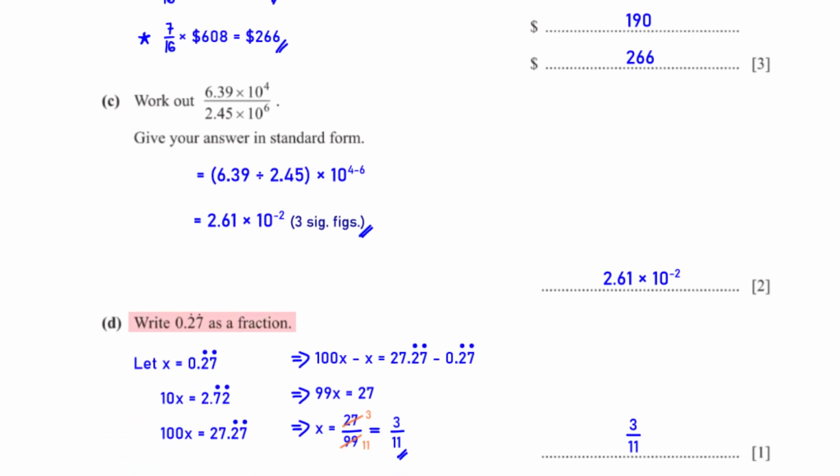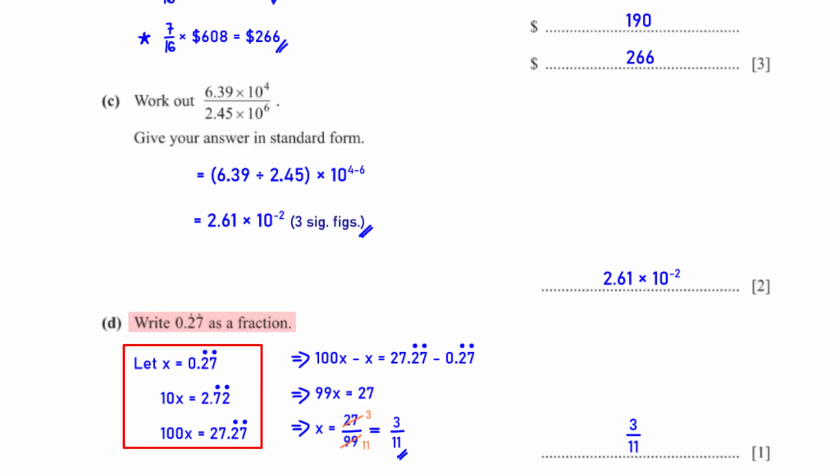Write 0.27 as a fraction. Let's call the recurring decimal x. When we multiply x by 10, this is what we have. And when we multiply x by 100, this is what we have. We see that x and 100x have the exact same pattern after the decimal point.